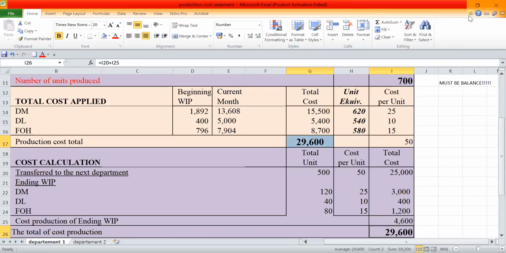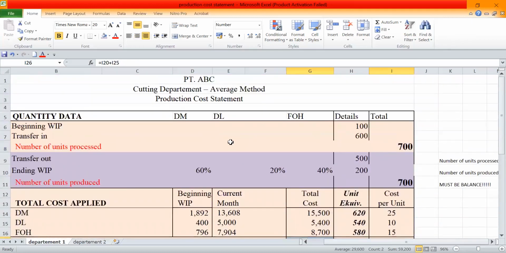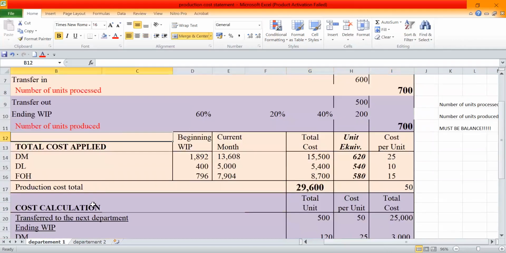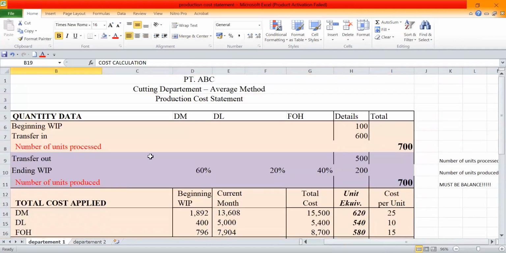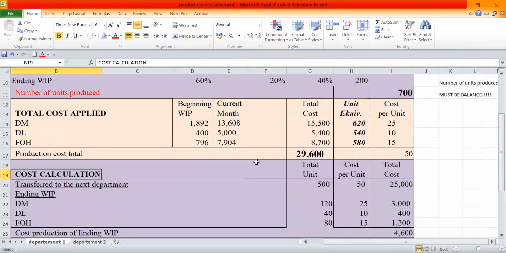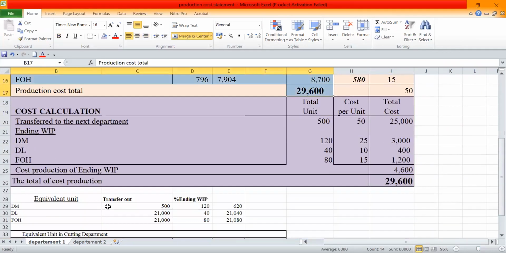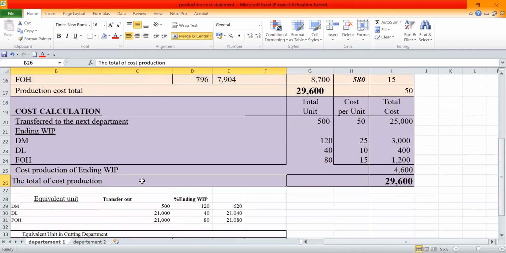So how do we know if our calculation of the production cost statement in here is correct? If the second and the third part of your production cost statement show the same amount for the production cost total, then your answer is right.